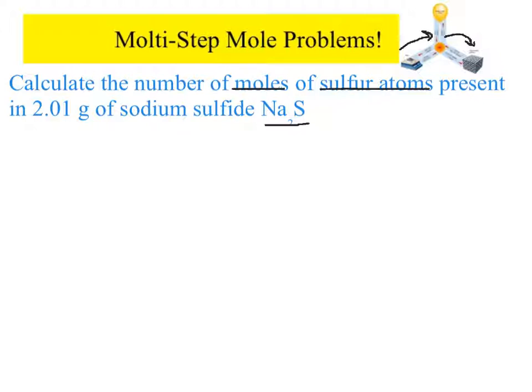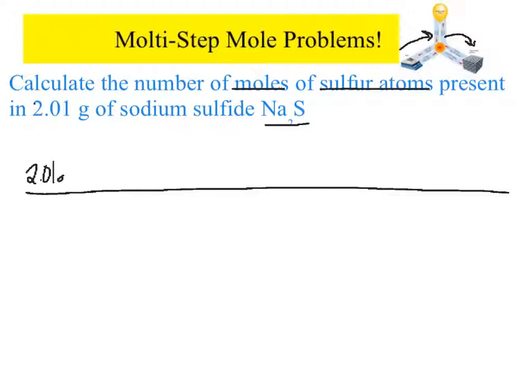So I'm going to calculate molar mass first. I'm going to start out with 2.01 grams of sodium sulfide, Na2S. To go from grams to moles, I need molar mass. So I'm going to do that up here. I have sodium and sulfur. Sodium has a molar mass of 23.0.